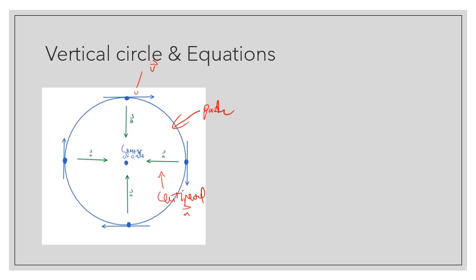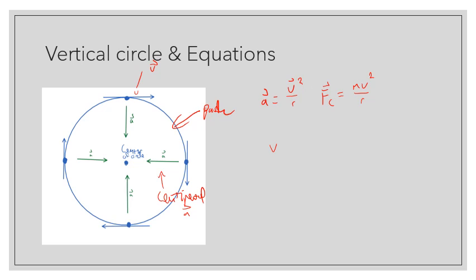Now I'm going to tell you a few of the equations that will be very useful in solving these questions. Acceleration is equal to velocity squared over radius. Centripetal force is equal to mv squared over r.